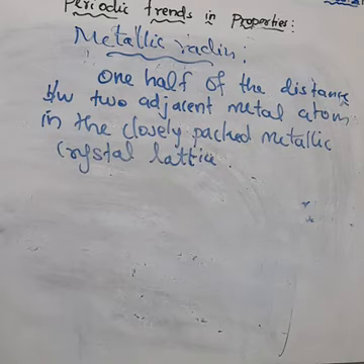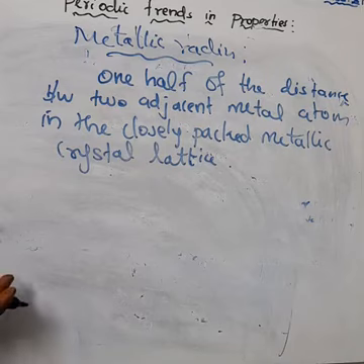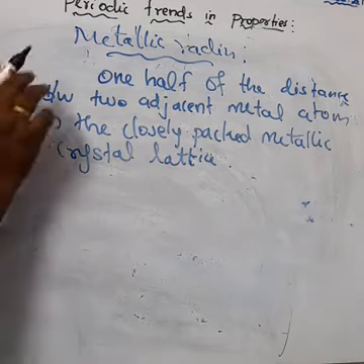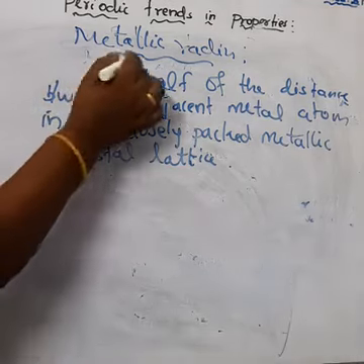So, atomic radius means the distance between the center of the nucleus and the outermost valence shell electron. But we cannot measure the radius of the isolated atom directly. So, it can be calculated using covalent radius and metallic radius.